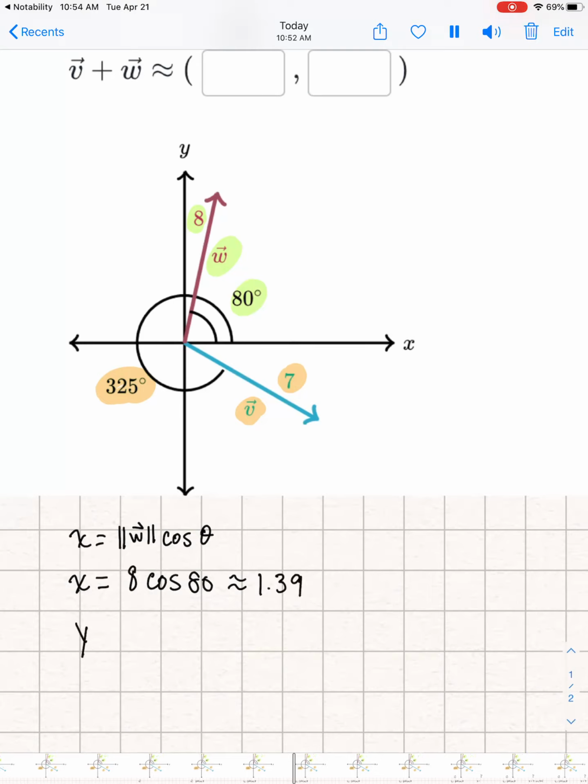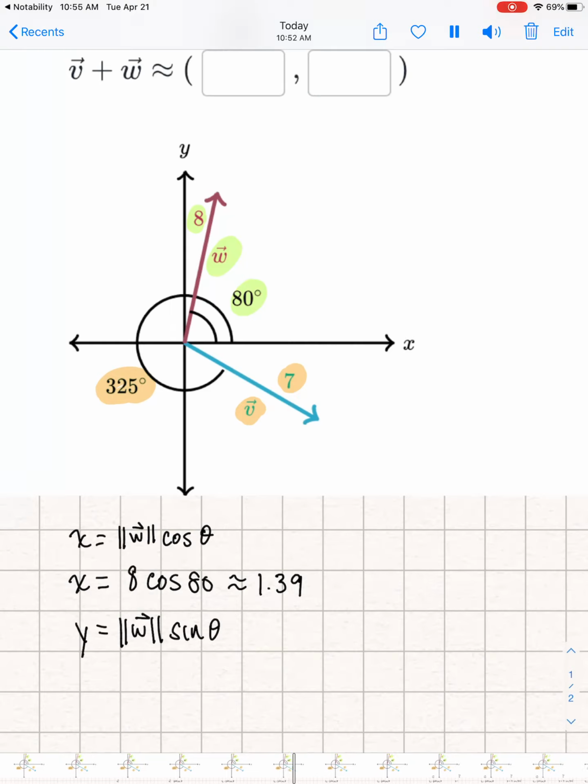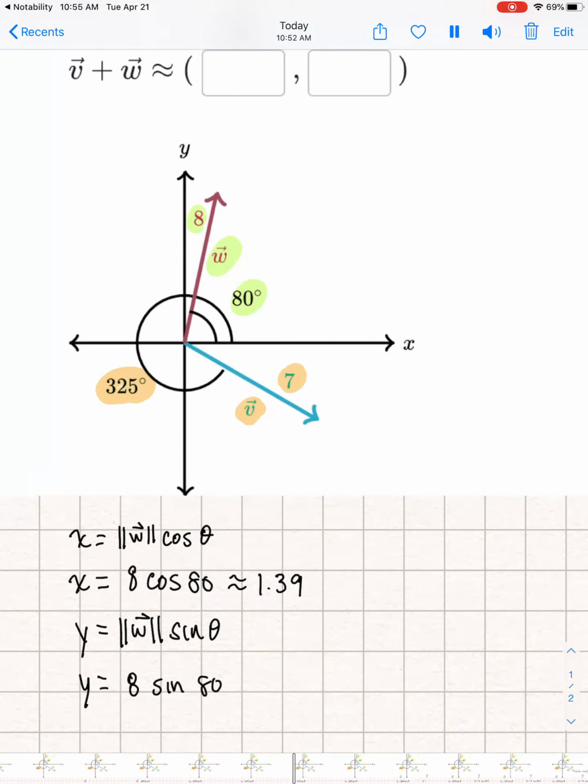If I'm looking for y, I'm doing pretty much the same thing, but I'm using sine. Remember, you could go back to the unit circle. X is cosine, y is sine. So here our y is going to be 8 sine of 80, and that's going to give me 7.88.